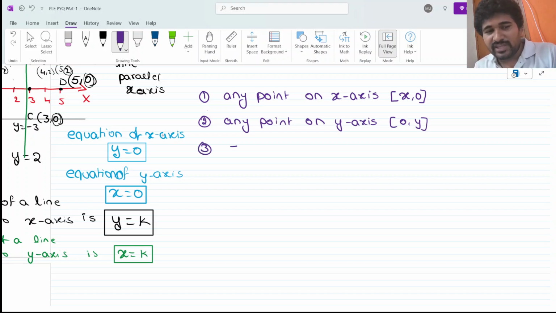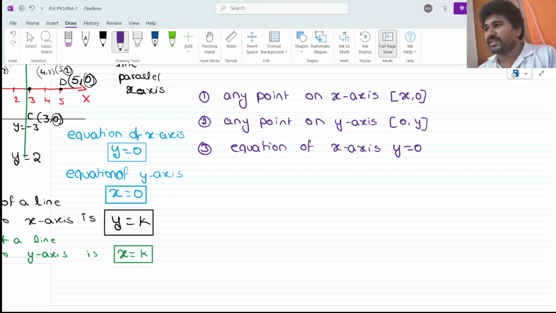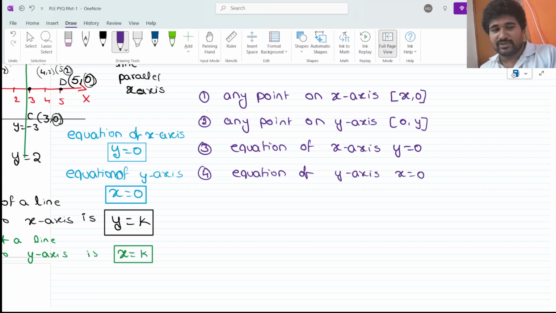Third point: the equation of the x-axis is y is equal to 0. Fourth one: the equation of the y-axis is x is equal to 0.